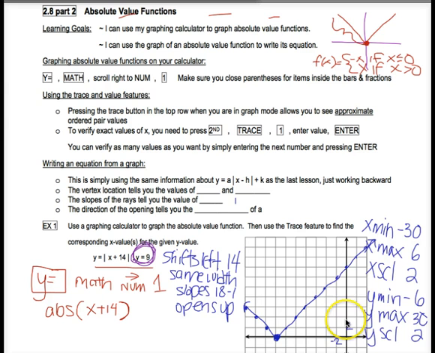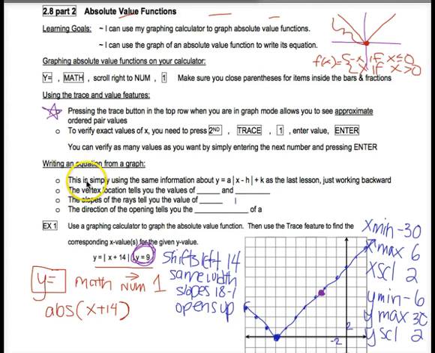And one of them, 2, 4, 6, 8, 9, I can kind of guesstimate, but my calculator is going to give me a better guesstimation than what I can see on that graph. So the way that you do that is right here. You need to press the trace button. It's in the top row right next to graph.